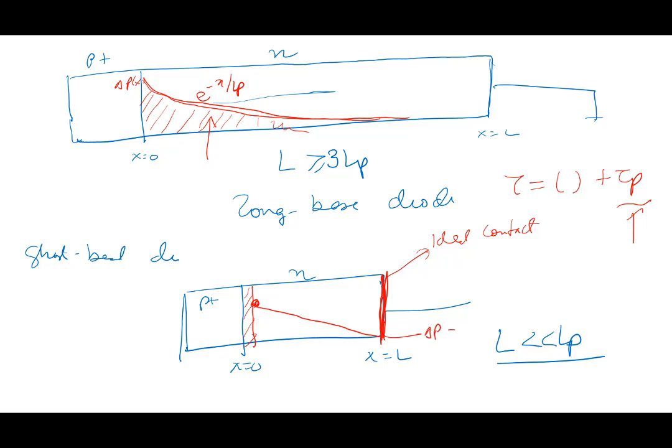Delta p is 0, no excess carrier density. So you've injected something from here and it goes like this. So the amount of charge stored becomes much smaller, and then we can do the calculation. It's no longer the recombination lifetime.